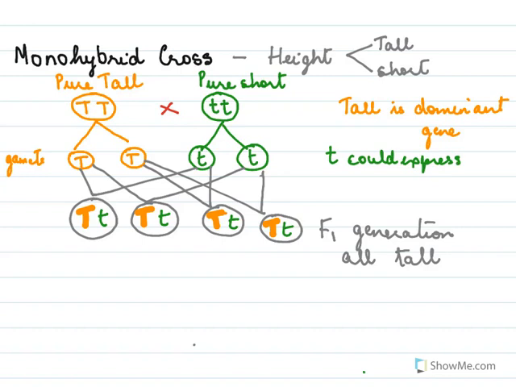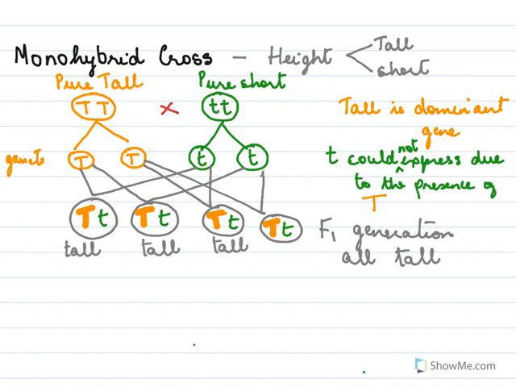The plants did not become short because of the presence of the dominant gene, this capital dominant gene. So we had tall here, this also was tall, and this was tall, and all were tall in the F1 generation, all tall. Then next Mendel crossed the F1 generation.